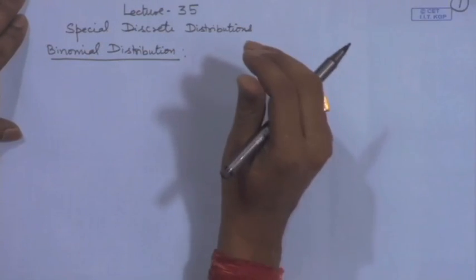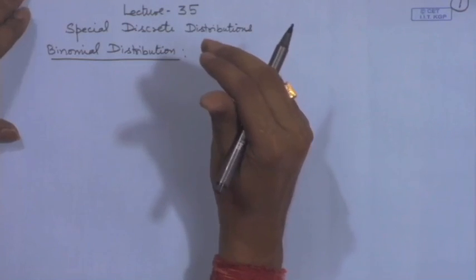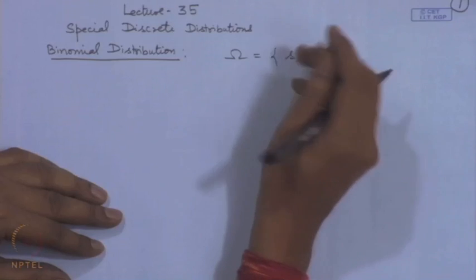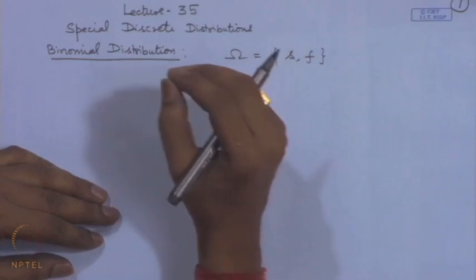Now, in the binomial distribution, we are considering random experiments in which the outcomes can be described into two types of outcomes. One is called success and one is called failure. So, my sample space consists of two outcomes. Now, this type of situation arises, for example, let us consider a game of target hitting.